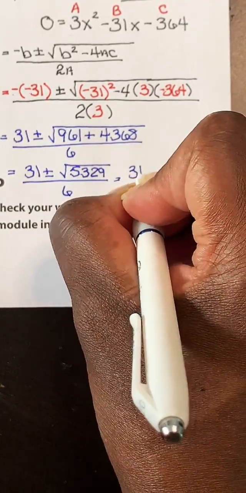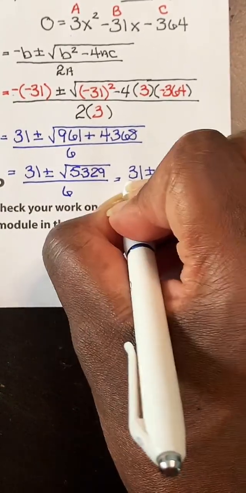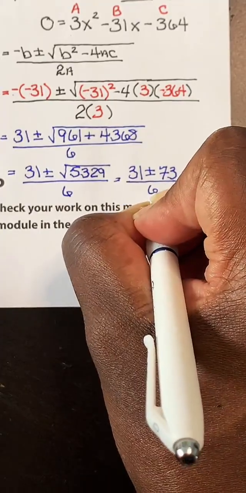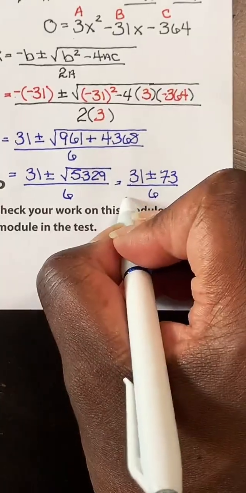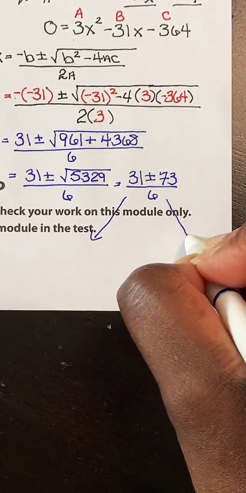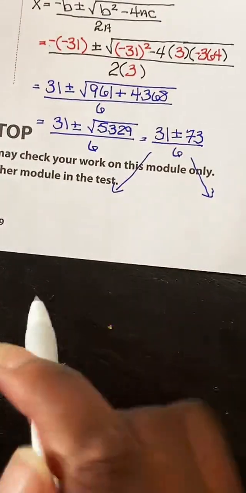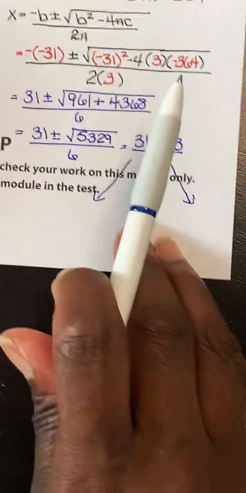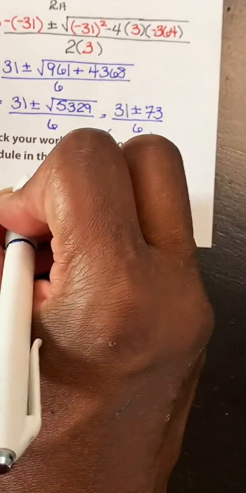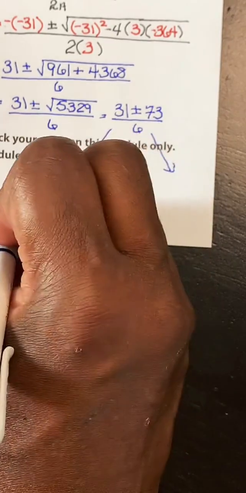Thank God it's a perfect square, because I would have cried if it wasn't. And then we're going to have 2 answers. I know, the monotony of it all. The reason why, well, in the beginning, our highest degree is a square, so that tells us how many solutions we have. So one of them is 31 plus 73 over 6.